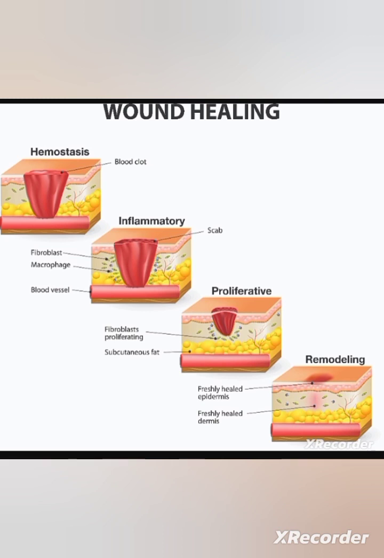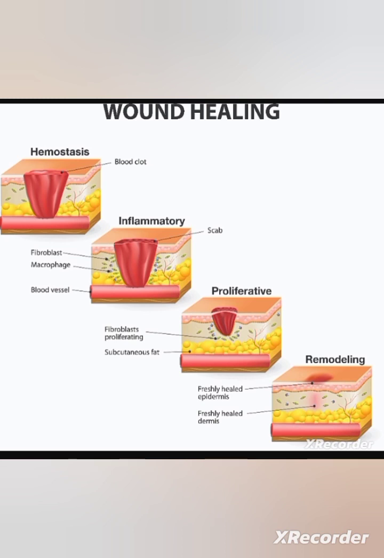There will be migration of epithelial cells. Then there will be new blood vessels, and these new blood vessels will nourish the area with oxygen and nutrients. So that is the proliferation phase, with filling of the wound, contraction of wound margins and covering of the wound.